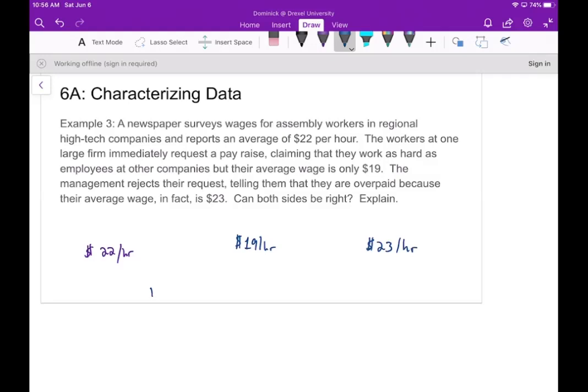Explain. And the idea here, of course, is that yes, both sides can be right, because they probably use different types of averages.